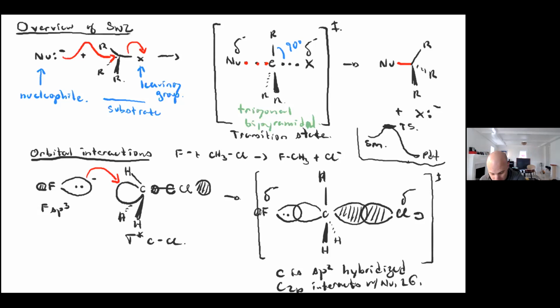So let me just complete this by drawing the product over here. We then have our fluoromethane, and that is bonded to carbon. Our hydrogens have flipped over. This orbital is the new sigma bond, and I have chloride sticking out, okay?